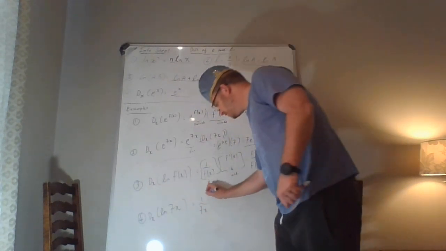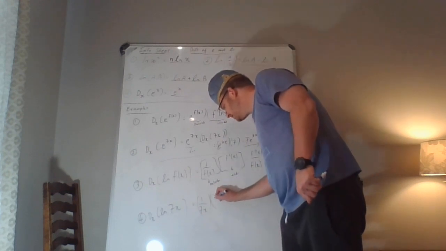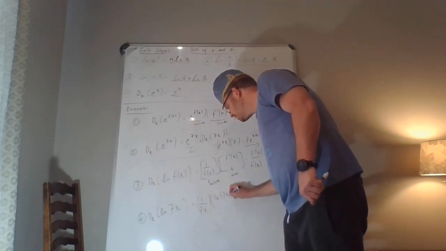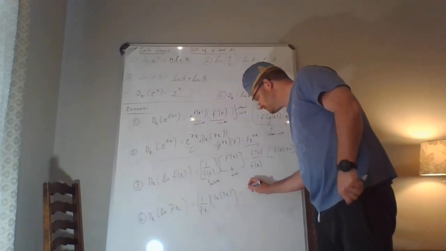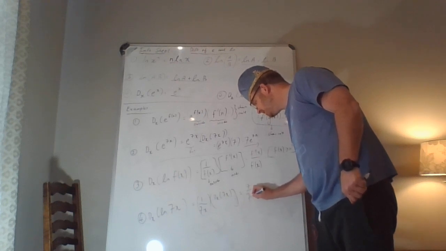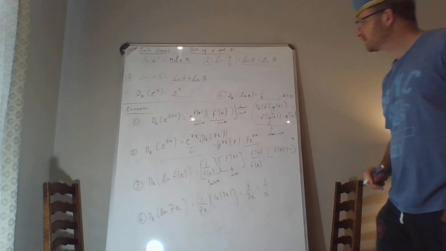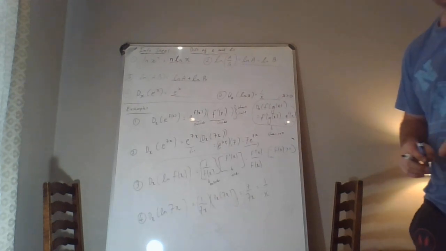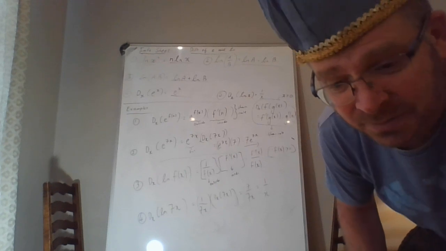That's the derivative of the outside times the derivative of 7x. You can skip these steps. I'm left with 1 over 7x times 7, since the derivative of 7x is 7, so I'm left with 7 over 7x, which is 1 over x. Make sure you get all of that down, please.